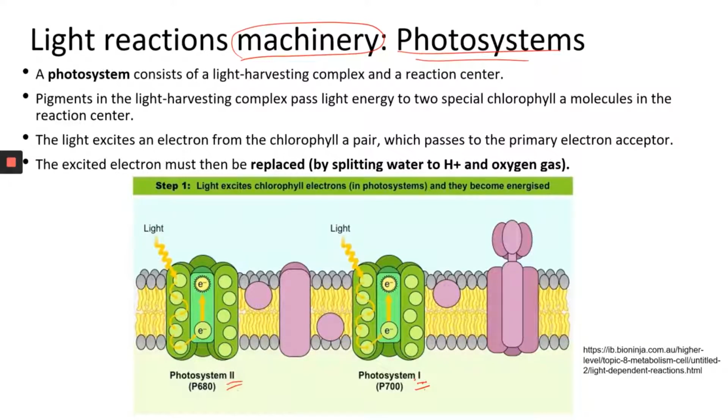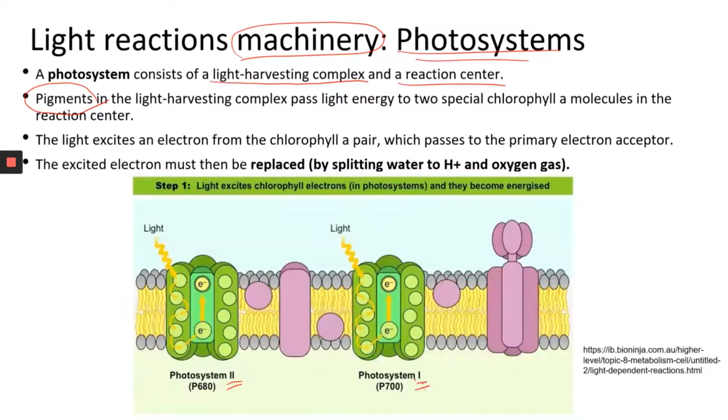A photosystem consists of 2 things, the light harvesting complex and the reaction center. You don't have to memorize that. In the light harvesting complex, that's where you find the pigments. So basically, in the photosystem, you have pigments, and then you have a reaction center.